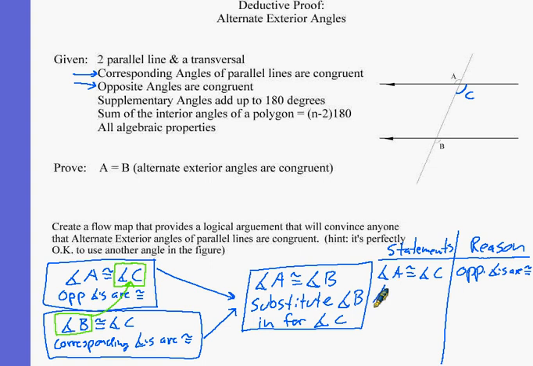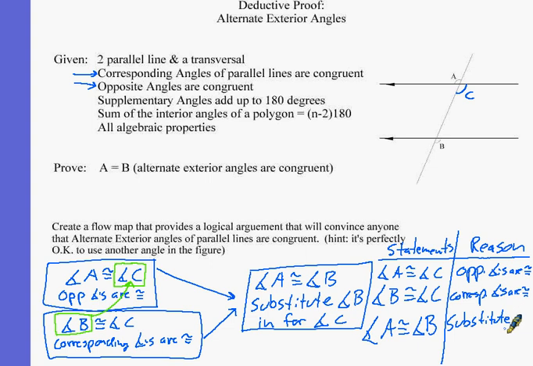So we can say angle B is congruent to angle C. Corresponding angles are congruent is the reason we know this is true. And then we can say angle A is congruent to angle B, again with that algebraic property of substitution.